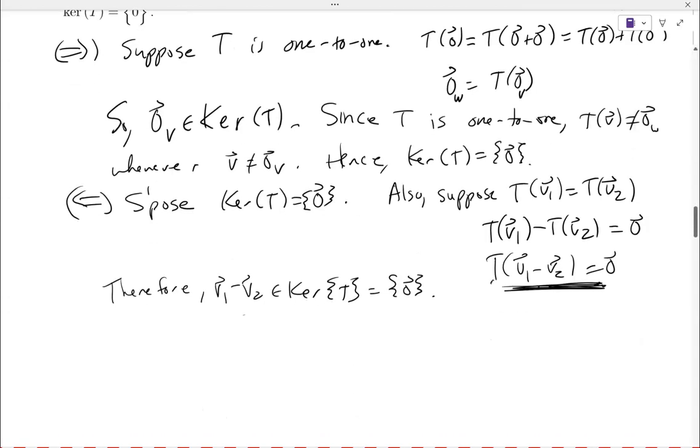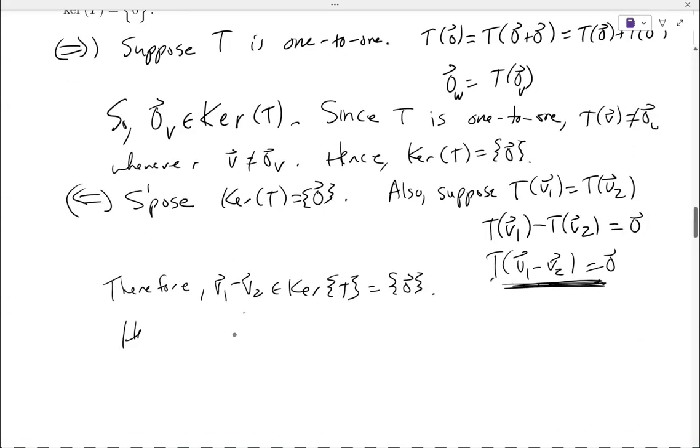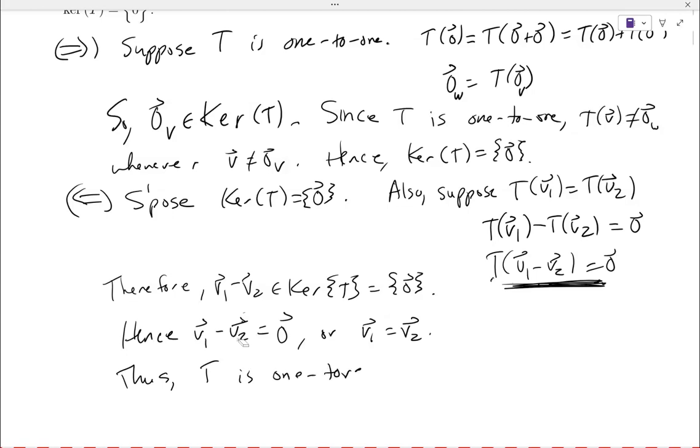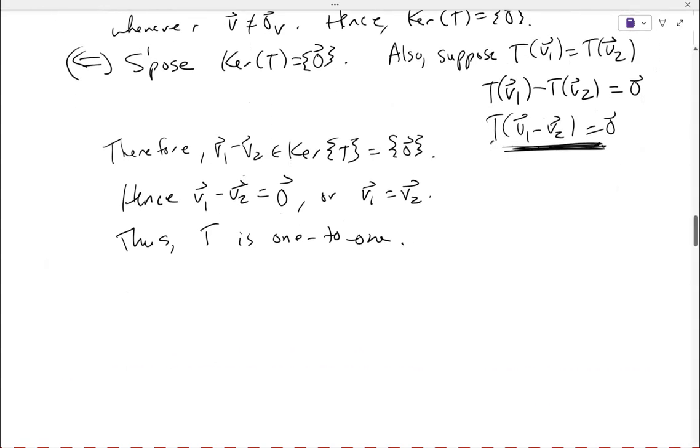The kernel, though, is just the 0 vector. Hence, what does V1 minus V2 have to equal? 0, or they must be equal to each other. That's exactly what we wanted to show, that the transformation is one-to-one.